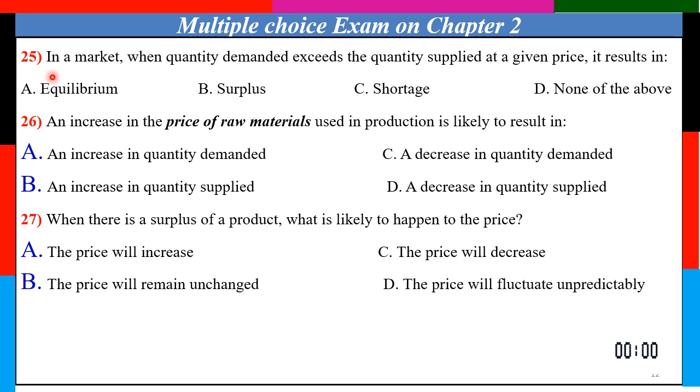Question number 25. In a market, when the quantity demanded exceeds the quantity supplied at a given price, it results in dash. A. Equilibrium. B. Surplus. C. Shortage. D. None of the above.